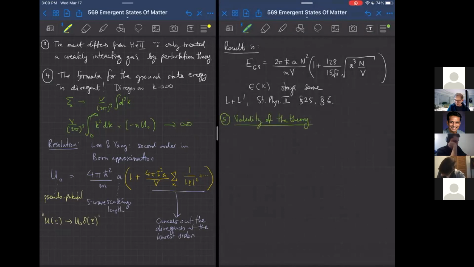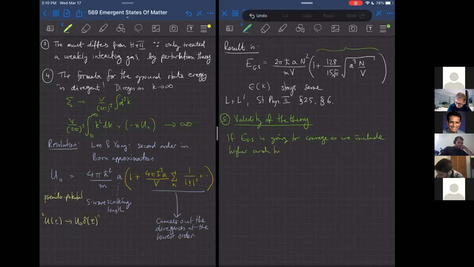If you look at this formula up here, you can see that what we're seeing looks like the first terms in an expansion, and so if E_GS is going to converge as we include higher orders, then we need the expansion parameter to be small.